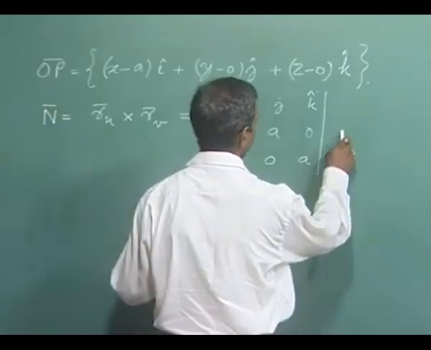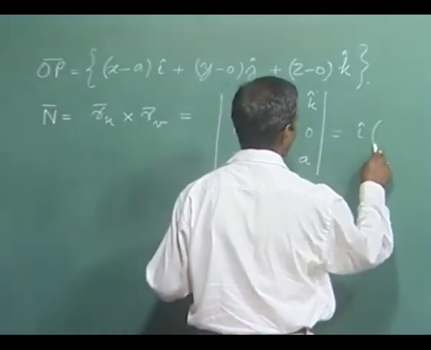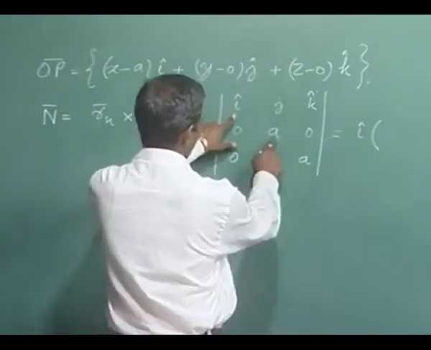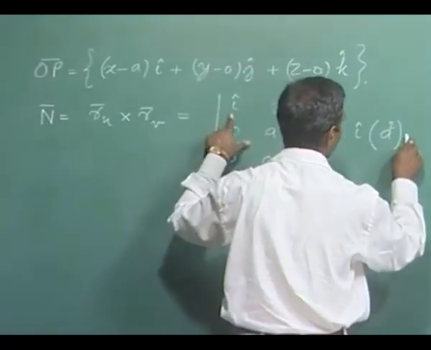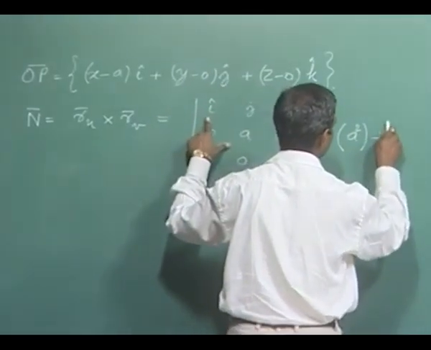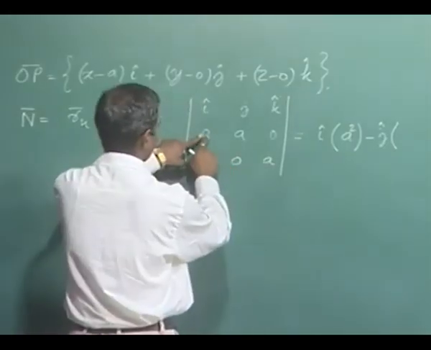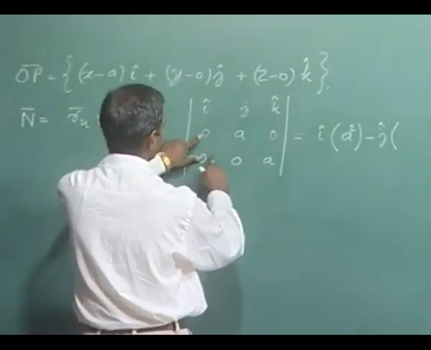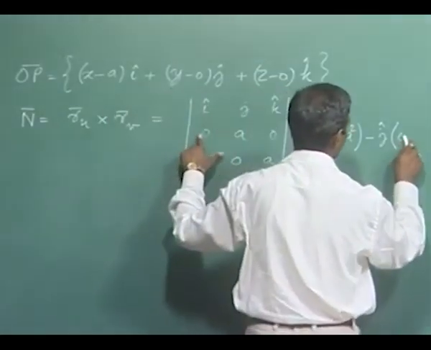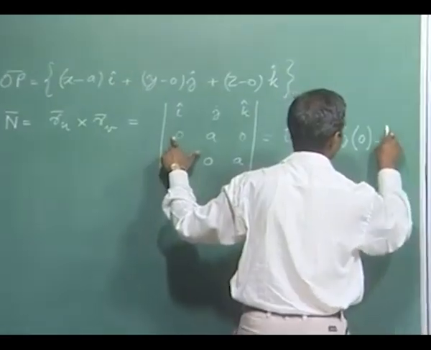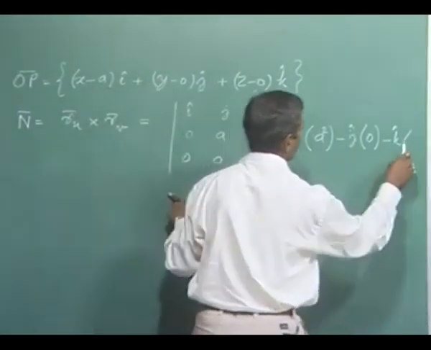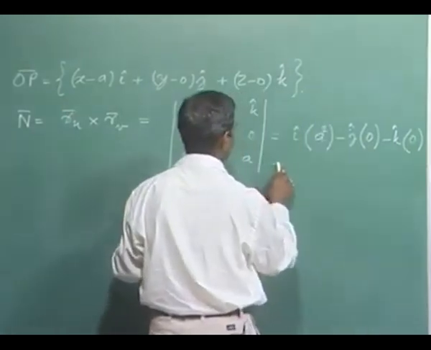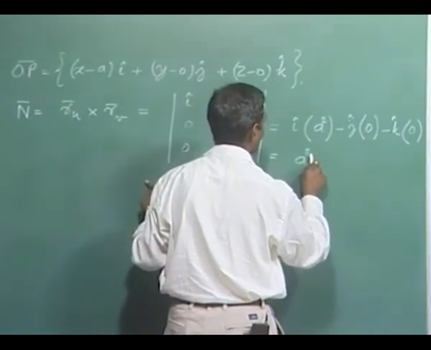This is i times a squared minus j times 0, minus k times 0 again. So this is equal to a squared times i.